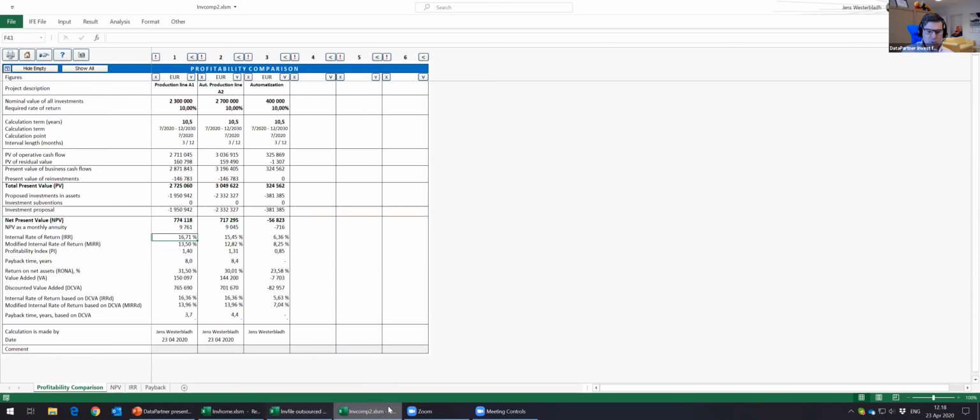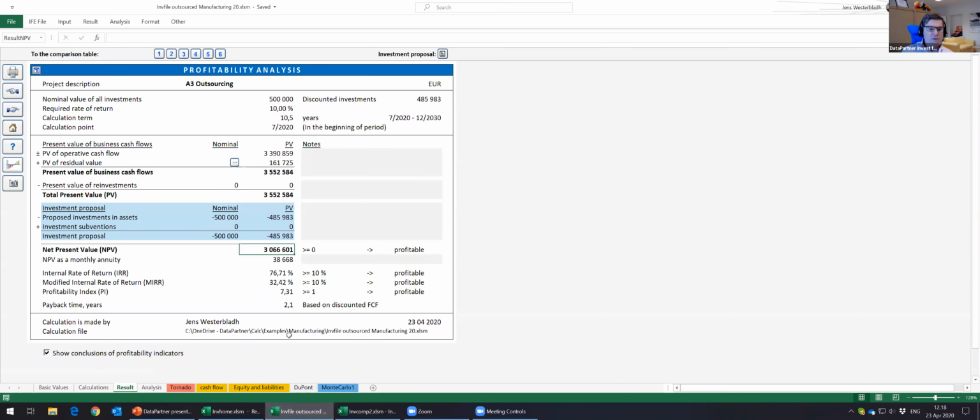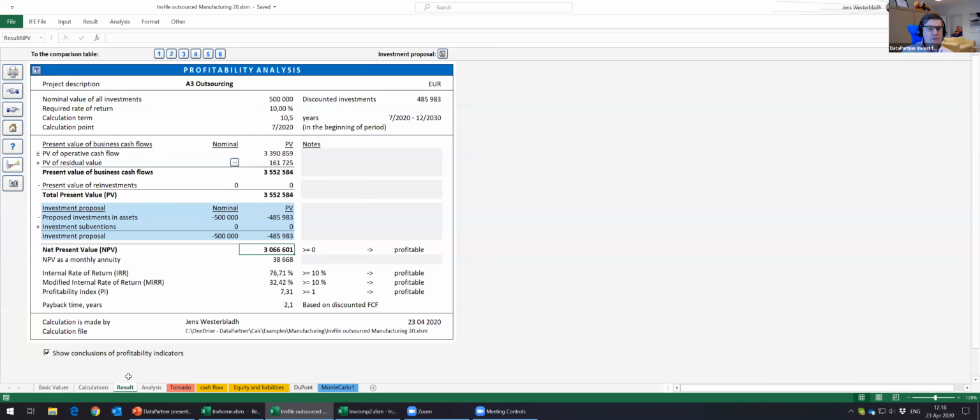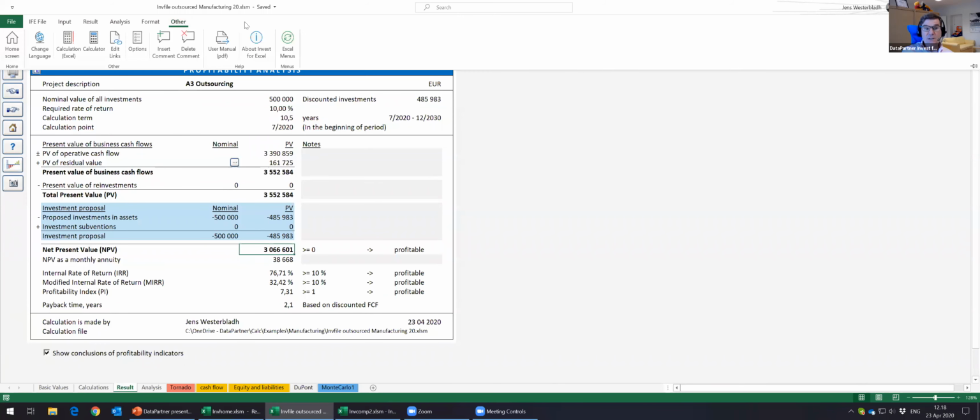So now we'll go back to my outsourced calculation and I will make a goal seek. So I switch to Excel menus.